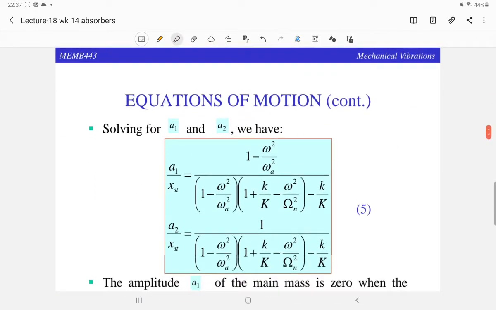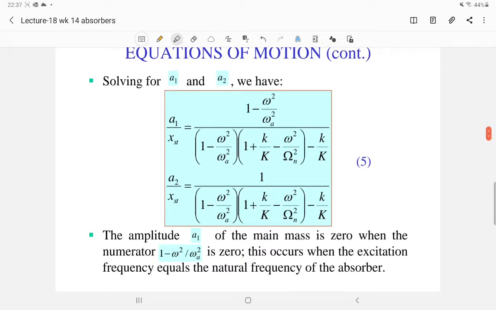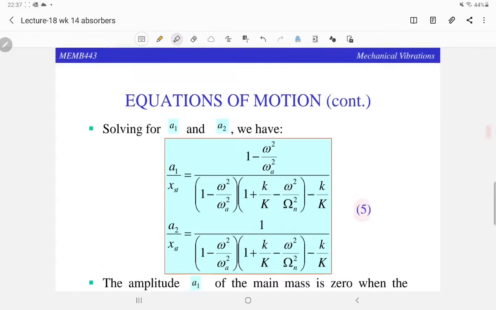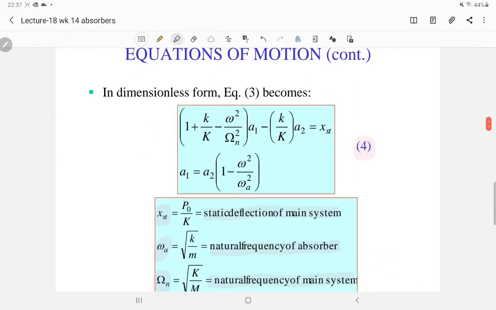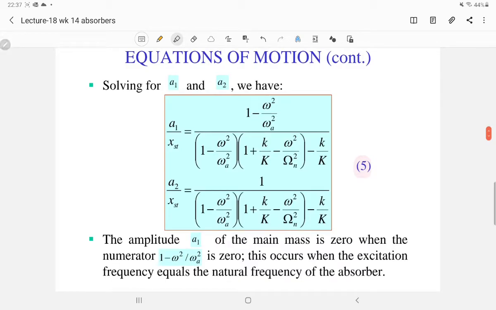So what do we do about this? Basically, you can solve for A1 and A2. If you solve for A1 and A2 and rearrange the terms, you will get equation 5. Previously, you had this relationship in terms of static deflection, and now you can rewrite it in this form for A1 and A2.